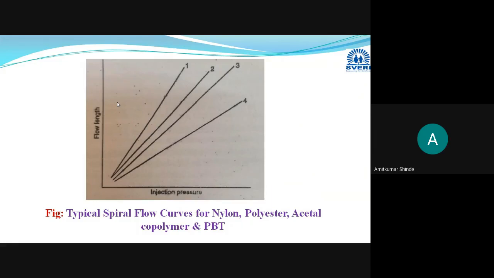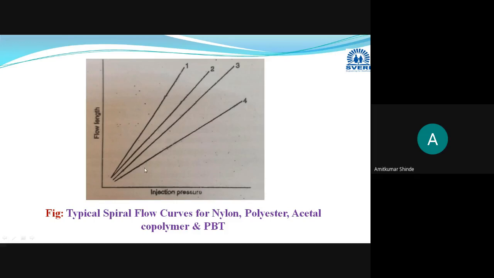Whichever material you select, depends on this flow length. This is injection pressure and the flow length. How much pressure is required to achieve the flow length required? Depending on this curve only, you can choose the material.